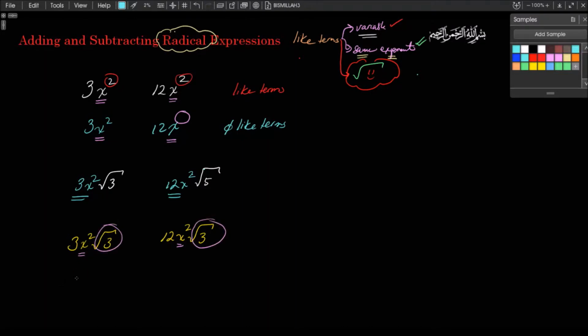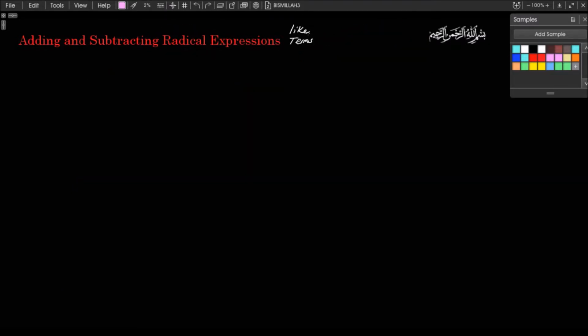On the contrary, a small modification such as 3x squared times square root of 3 and 12x squared times square root of 3x, these are no longer like terms because the variables are not the same. So if you think of these radical expressions as whether they're like or not like, then you can add and subtract them reasonably easily.